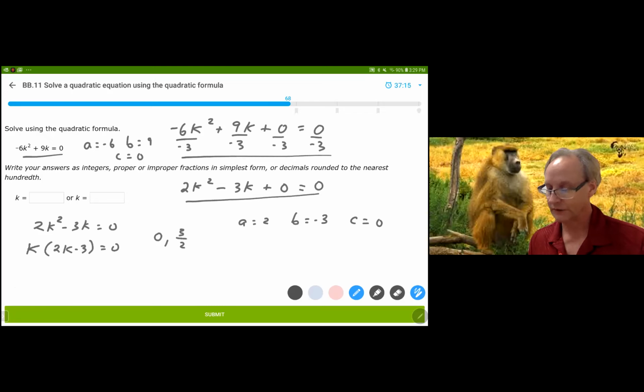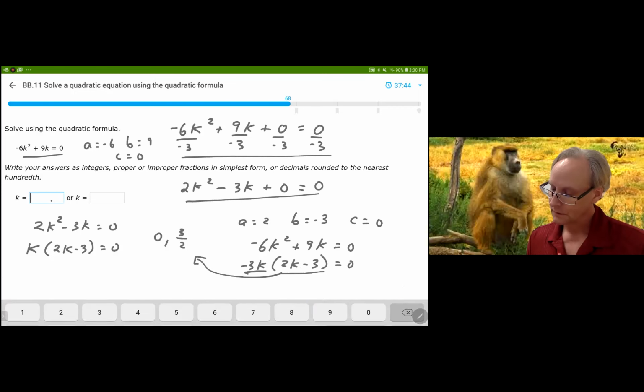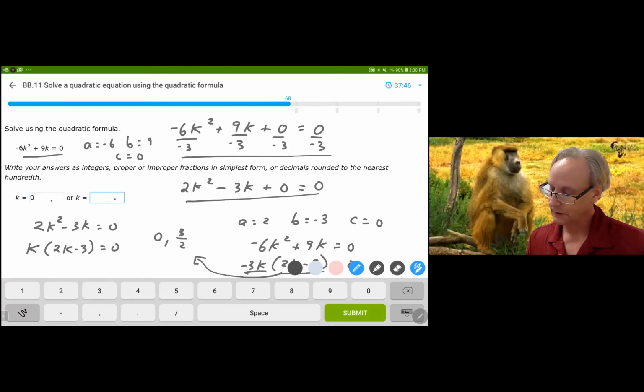If I write it from the original, negative 6k squared plus 9k equals 0, and I factor out the negative 3k, which is my common factor, I end up with 2k minus 3 equals 0, and I get the same two solutions. I get 0 from this one, and I get the positive 3/2 from that one. 0 and 3/2.